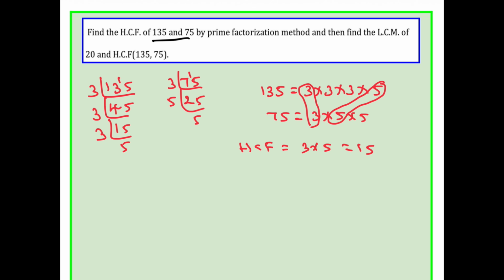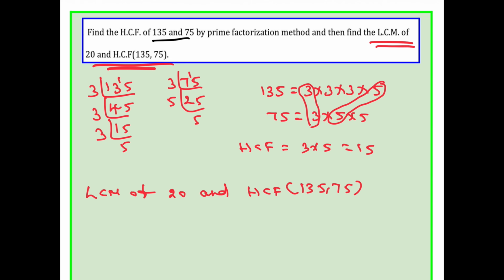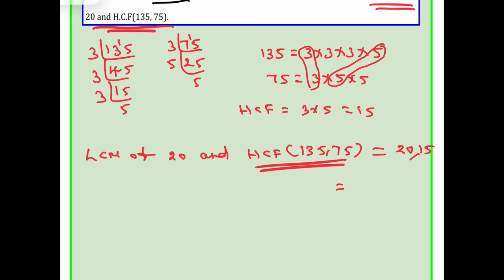Now one more thing they are asking: the LCM of 20 and HCF of 135 and 75. The HCF of 135 and 75 is what we just found, 15. That means we have to find the LCM of 20 comma 15. 20 if you factorize: 2 10 times, 2 5 times. 15 if you factorize: 3 5 times.